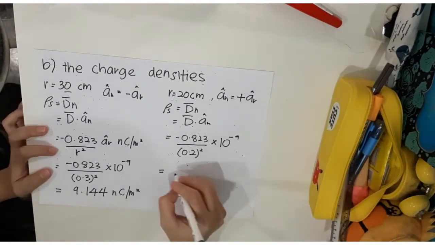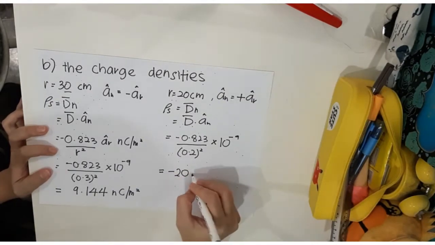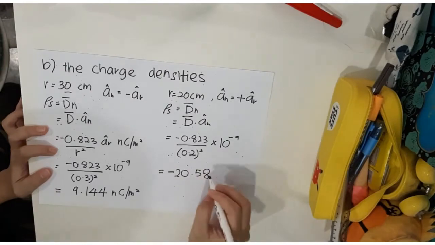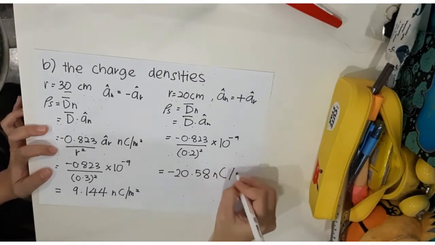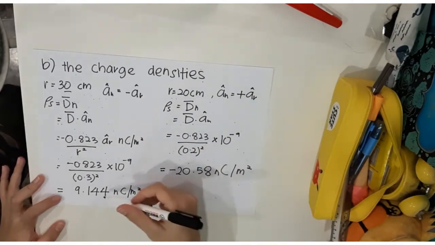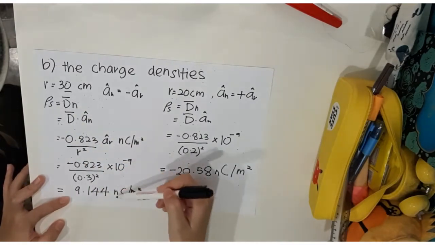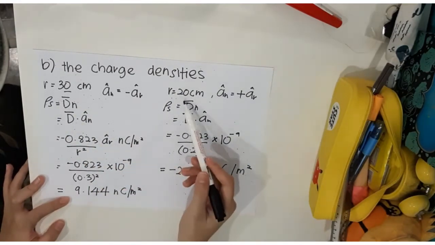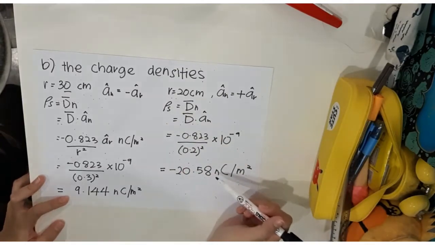You will get negative 20.58 nano coulomb per meter squared. We find the charge densities. For R 30 cm, it's 9.144 nano coulomb per meter squared, and for R 20 cm, negative 20.58 nano coulomb per meter squared.